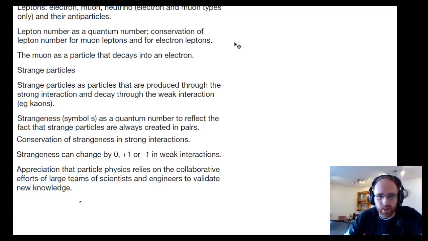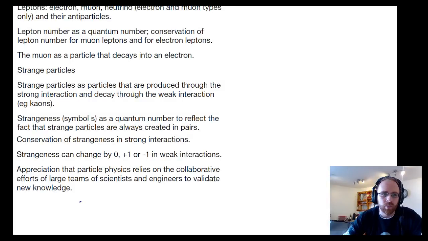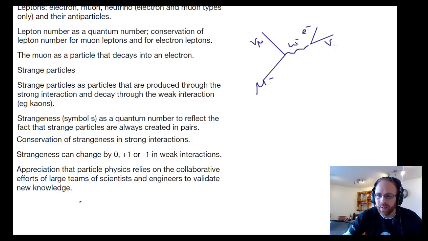So Wikipedia says it's not a decay that you need to know, but a muon, mu minus, via a weak interaction can decay into a muon neutrino and an electron and an electron neutrino. So it's going to have to be an anti, isn't it?